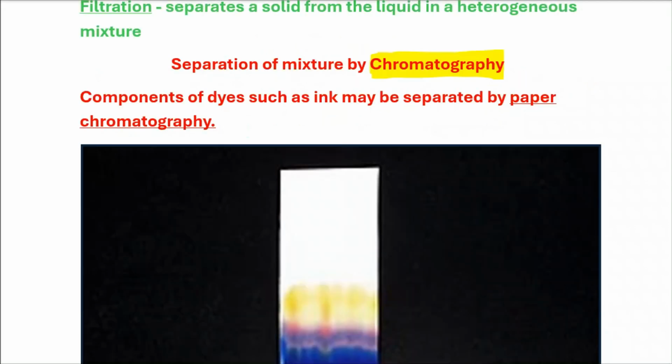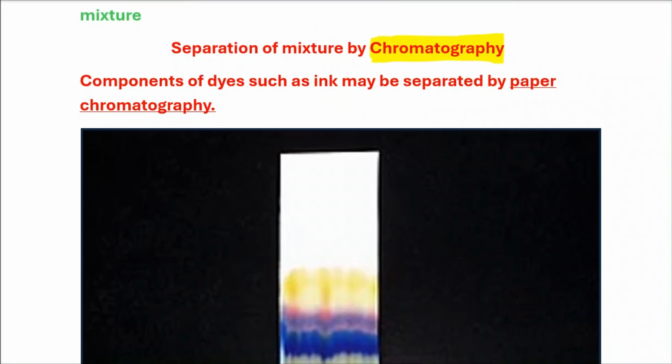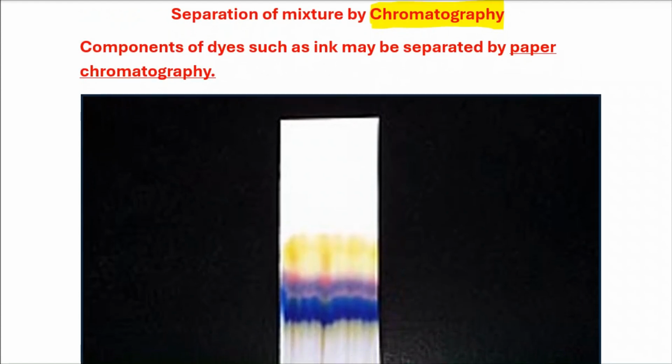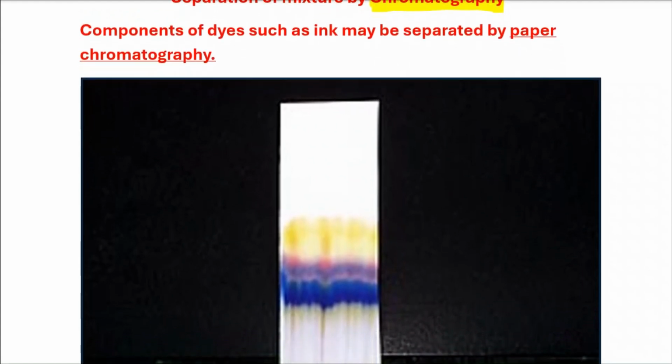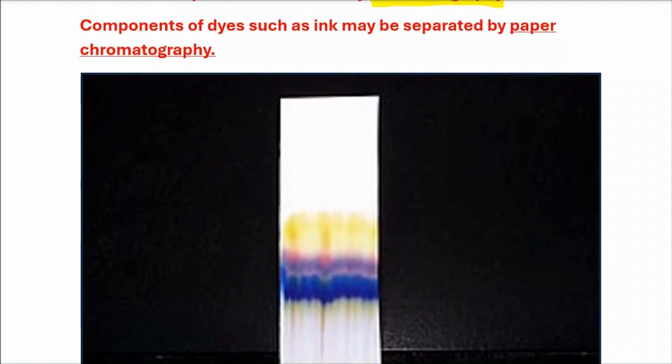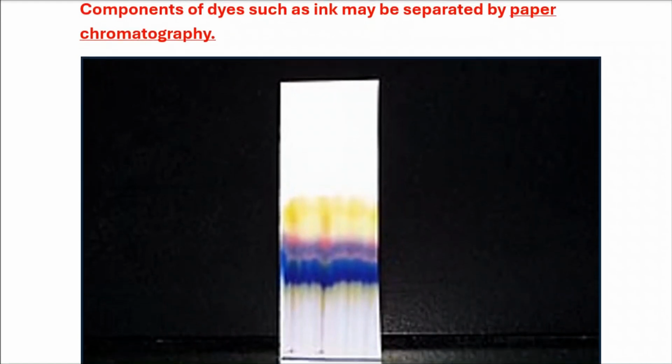Components of dyes, such as ink, may be separated by paper chromatography. You see in this picture, this paper is dipped into that colored substance and a medium like alcohol or something, and you see different bands of different colors appear in a certain period of time.